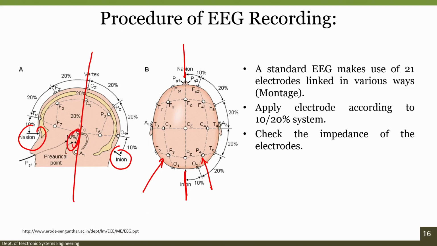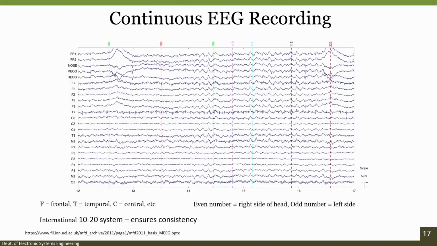A standard EEG makes use of 21 electrodes linked in various ways, or montages. Apply electrodes according to the 10-20 system, and check the impedance of the electrodes. Impedance is very important, and to reduce the impedance in wet electrodes we generally use gel. For dry electrodes impedance is already low.